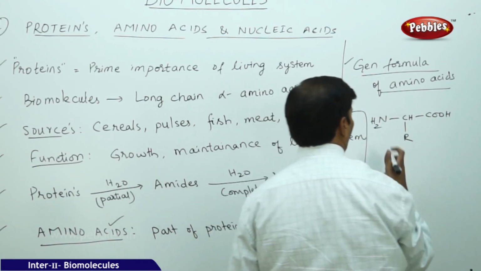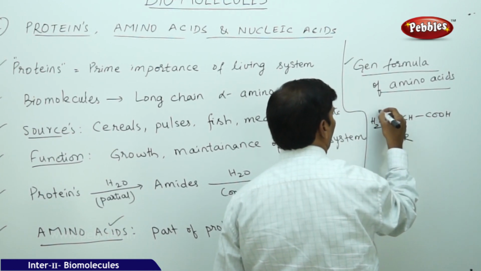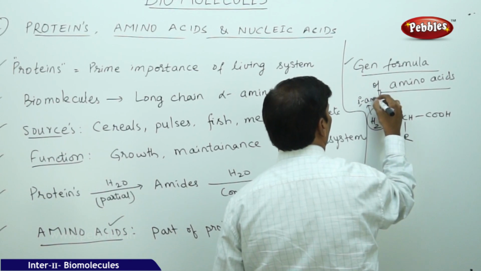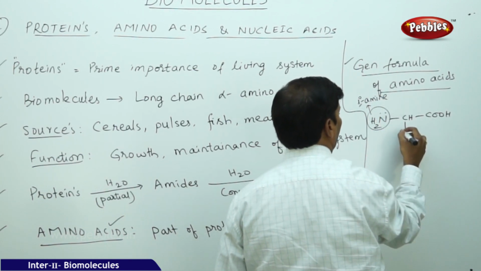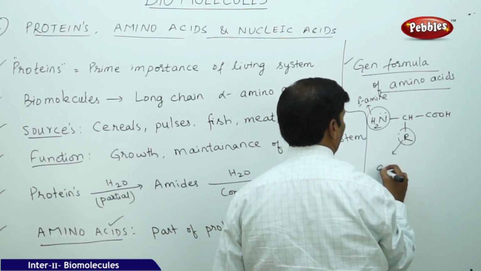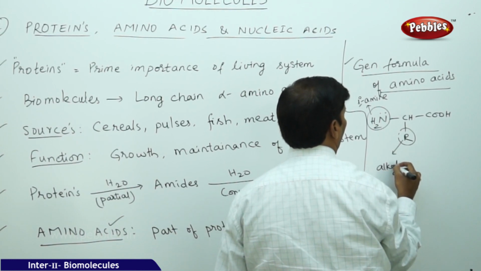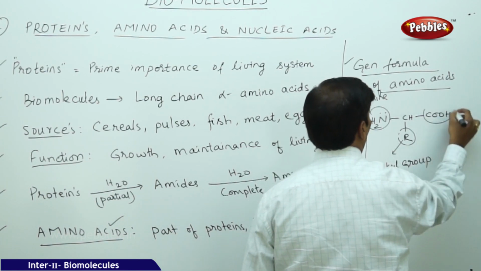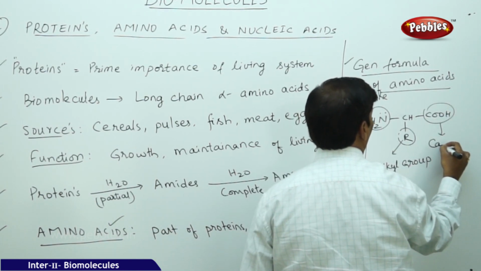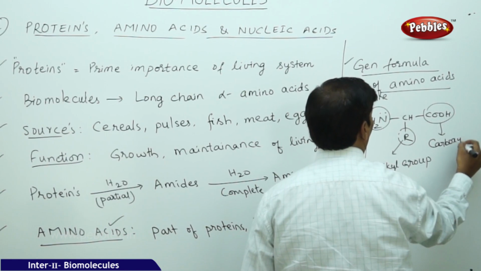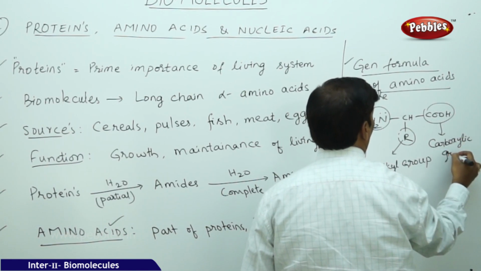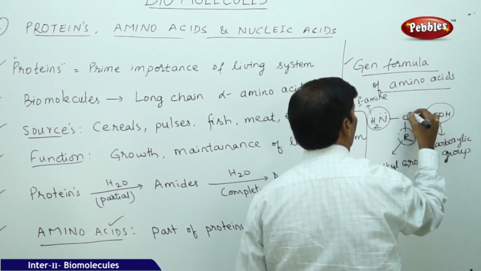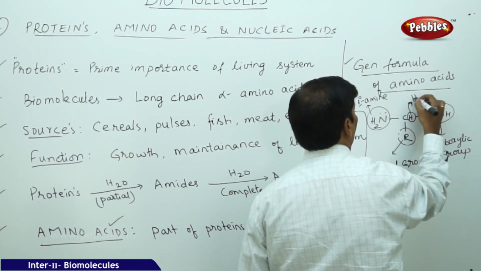So this amino acid contains one primary amine, one alkyl group, one carboxylic group, and also one hydrogen.